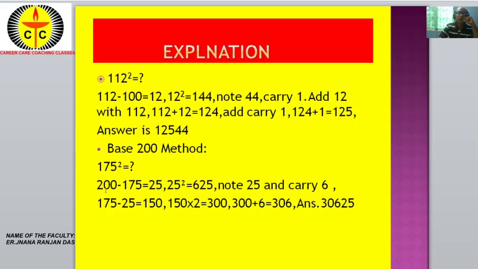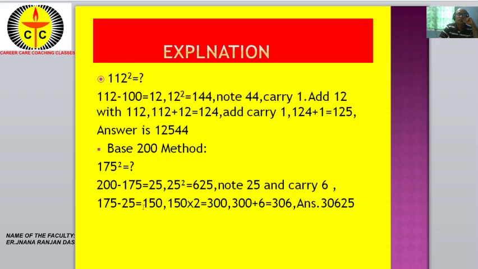Then we find how much it is less than 200. It is 200 minus 175. This is 25. Then take the square of 25. We have remembered it. It is 625. Then note 25, carry 6. Then you subtract 25 from 175.